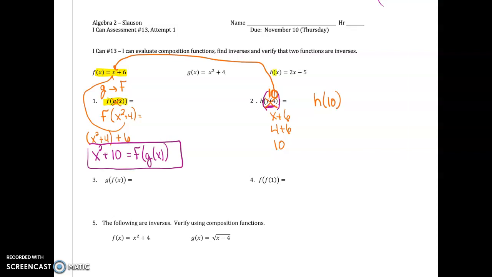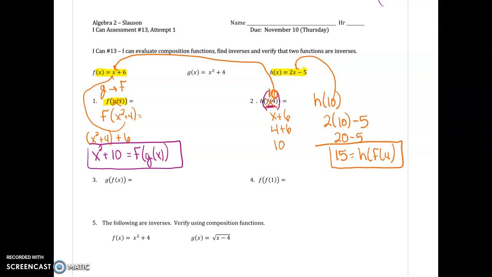So here's h's function, and in for x, I should put that 10. Again, anytime I substitute something in, I'm going to put it in parentheses, so this just becomes 20, take away 5, my answer is 15. So when I take h of f of 4, I get a final amount of 15.